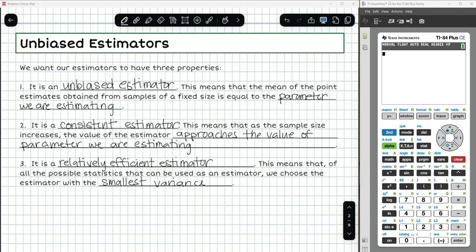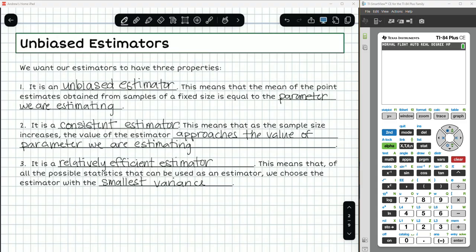And we know variance is related to standard deviation. Variance is a measure of spread. So we want to choose a sample statistic that has a small spread about the unknown population parameter. So we want the standard deviation of the sampling distribution, or the standard error, to be small. That's what characterizes a relatively efficient estimator.